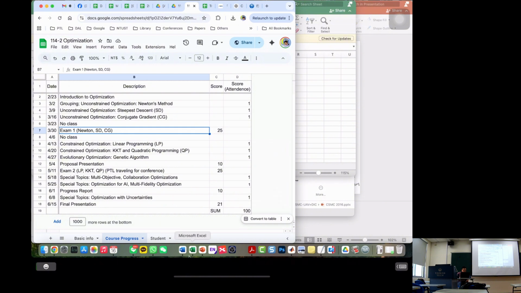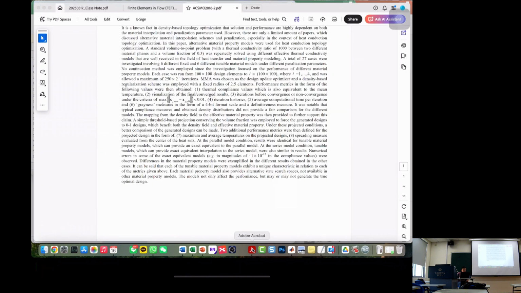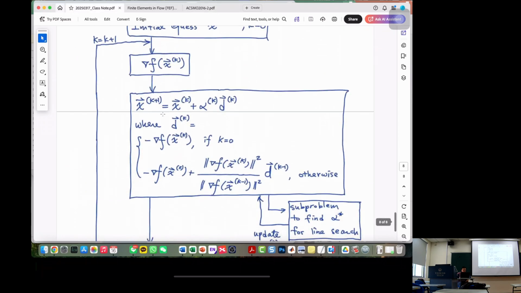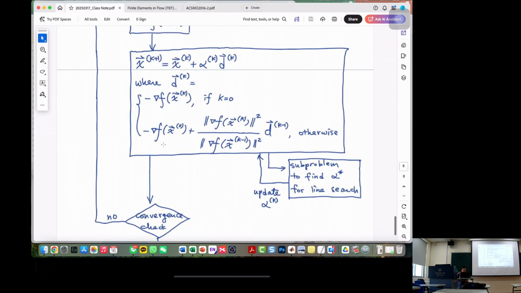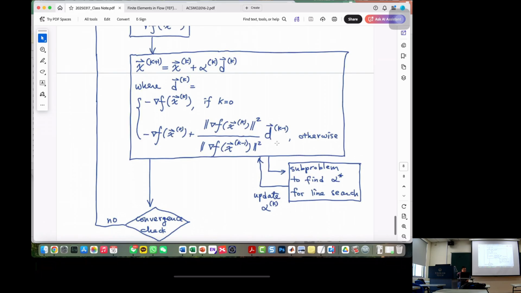I want you to memorize the equations. So I think this is the conjugate gradient, right? I guess this line is the most difficult one to memorize. So please, or do you need me to give you an equation sheet?